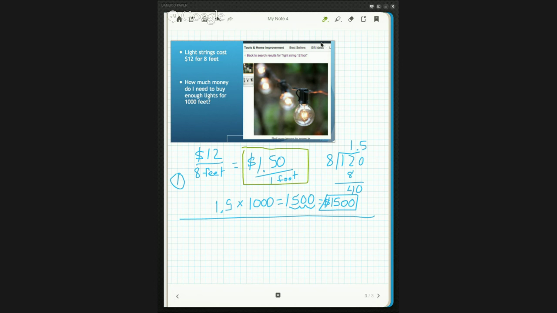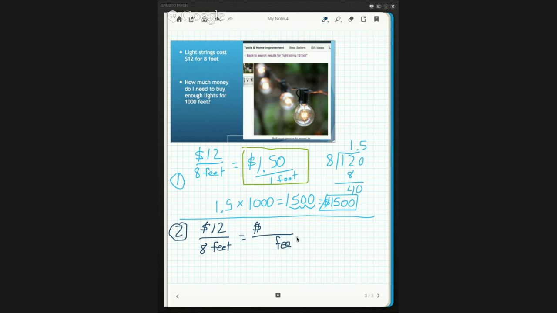Now, there's a second way of solving this problem, and that is with this thing called a proportion. So here's the second method. The way we set up a proportion is we say, well, if it costs $12 to buy 8 feet, we want to make a proportion, and on this side of the proportion, we need to keep the dollars on top and the feet on the bottom.